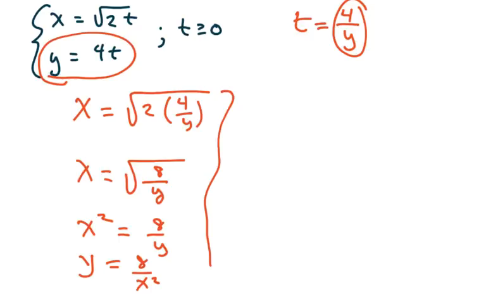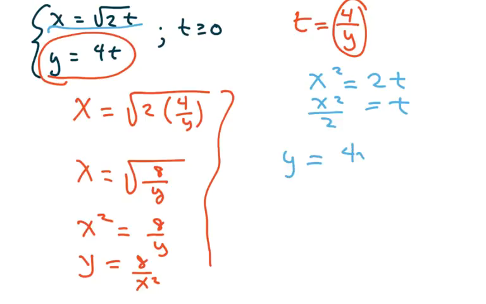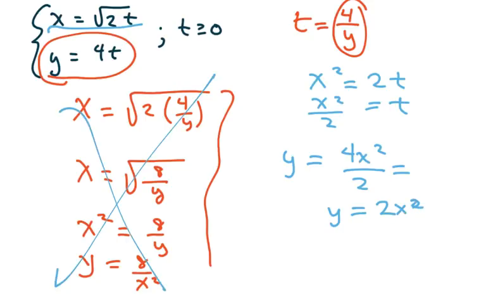I could square both sides here, and I get x squared equals 2t. So t equals x squared over 2, and then plug it in. So you get 4x squared over 2, which gives you y equals 2x squared. So basically, let's forget that.